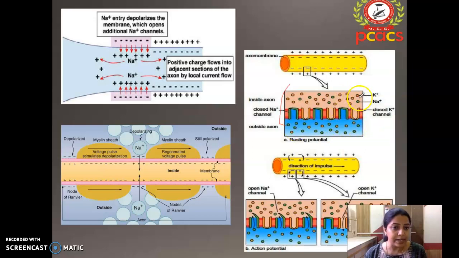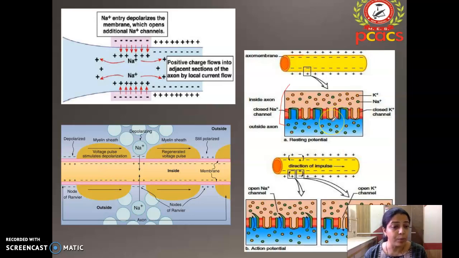Here you can clearly see that the concentration of the sodium ions is more outside the axon and less inside the axon. Your sodium ions, on the other hand, are the opposite: they are lower inside the axoplasm, and in higher concentration outside the membrane of the axon.